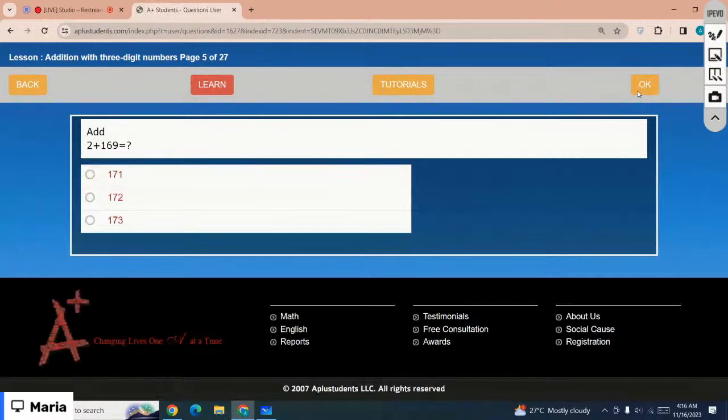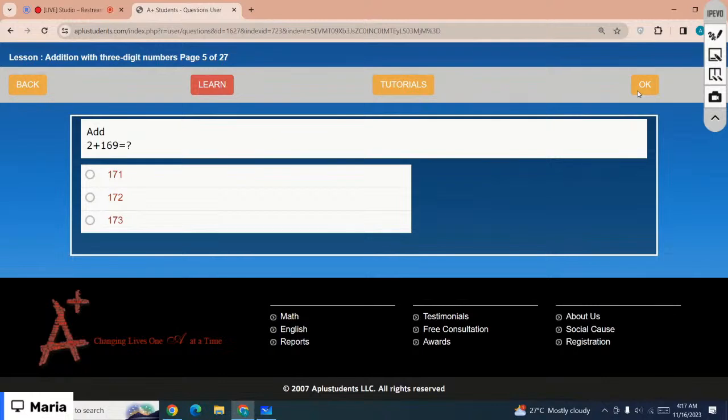Okay, 169 plus 2, which is the correct option? For the smaller numbers, you can count like we have just to add 169. So 169 plus 2 is 171, right? You can count like this: 169, 170, 171.